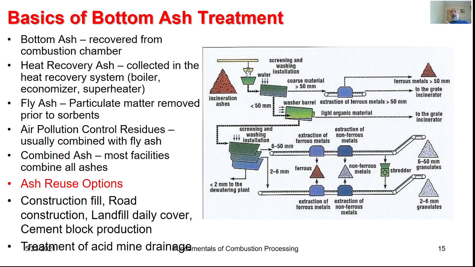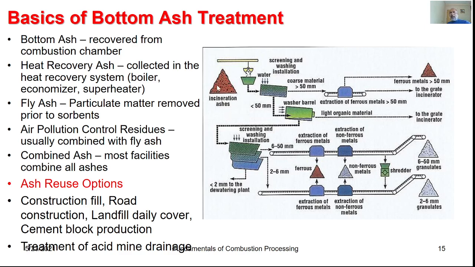Both these ashes need to be collected, captured, used and disposed so that they won't cause any environmental impact. Usually this ash is treated the way this flow chart shows.